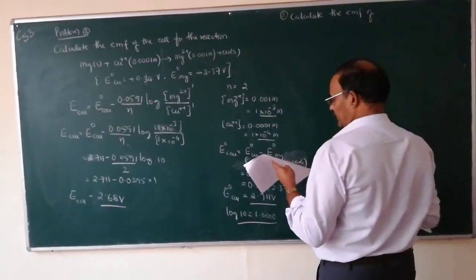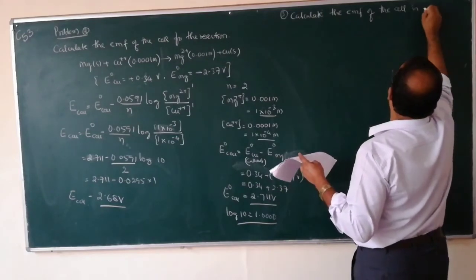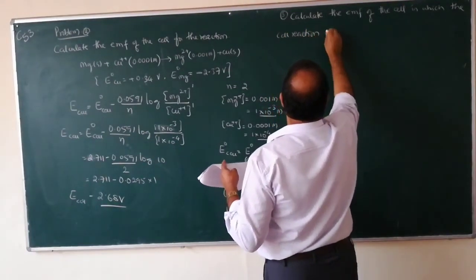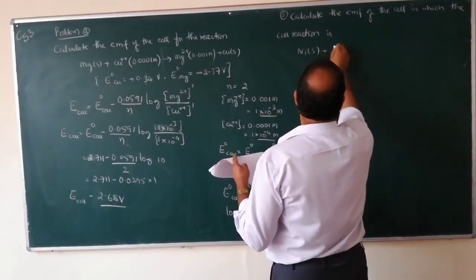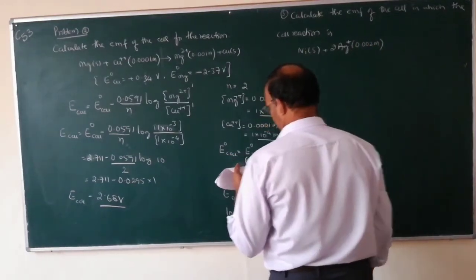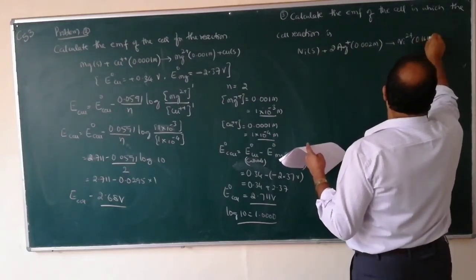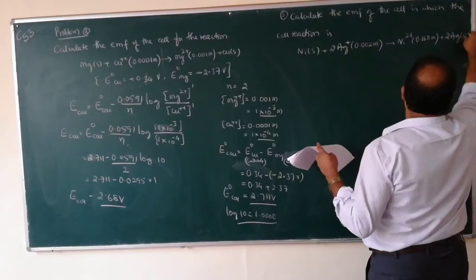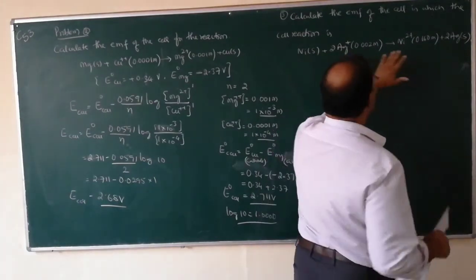Calculate the EMF of the cell in which the cell reaction is Ni(s), nickel solid, plus 2 Ag+, 0.002 moles, gives Ni2+, 0.160 moles, plus 2 Ag(s). So this is a cell reaction.